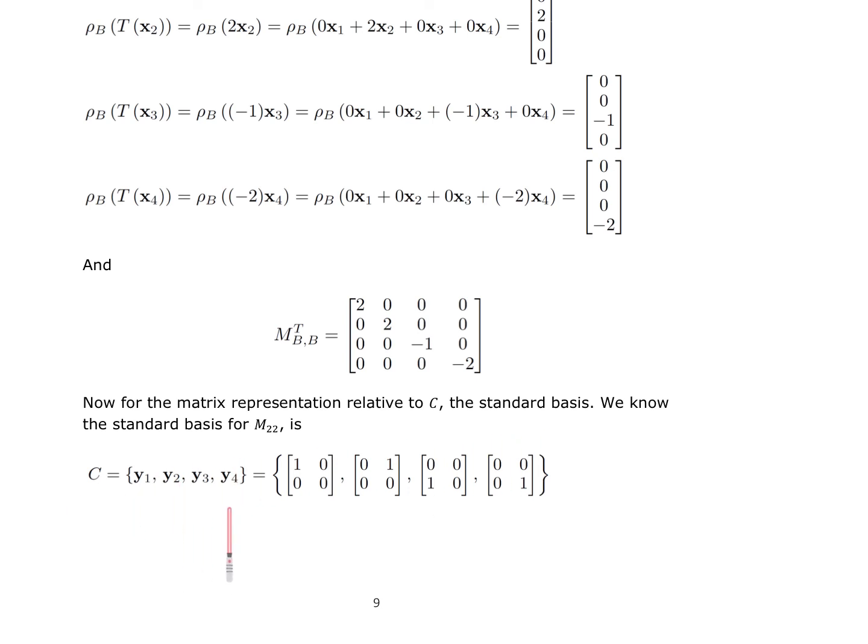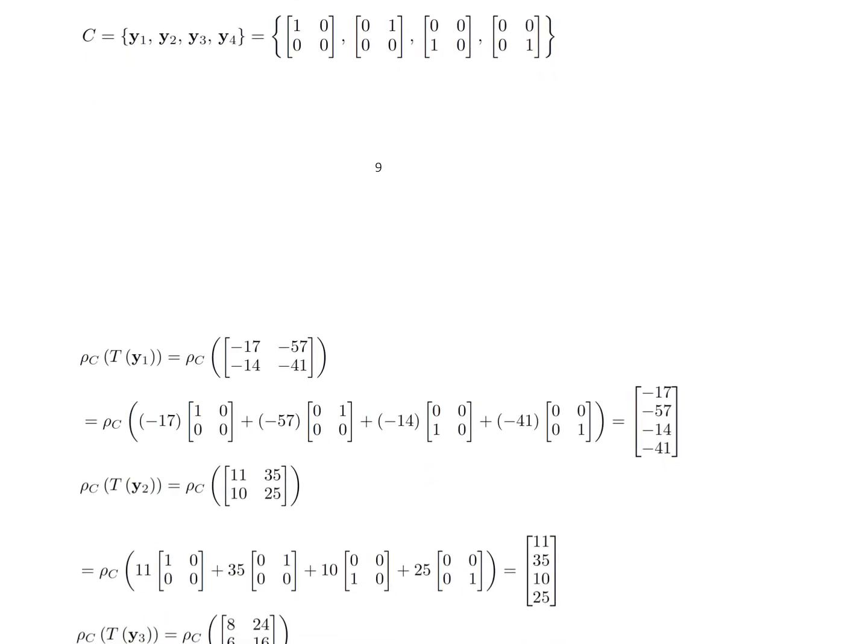And the standard basis for a 2 by 2 matrix looks like this. And if I go to my standard basis, I'm going to find the vector representation with my y sub 1, which is 17, negative 57, negative 14, and negative 41.